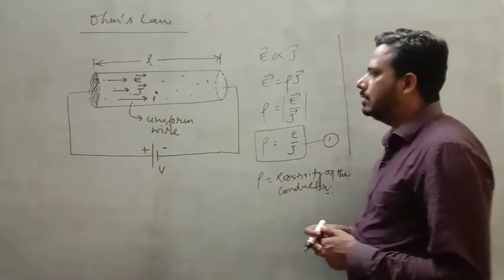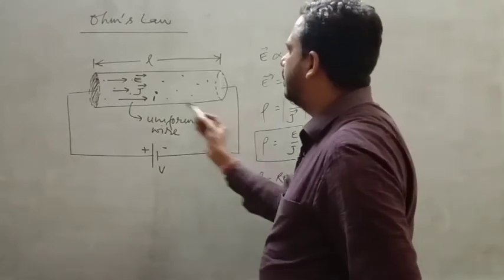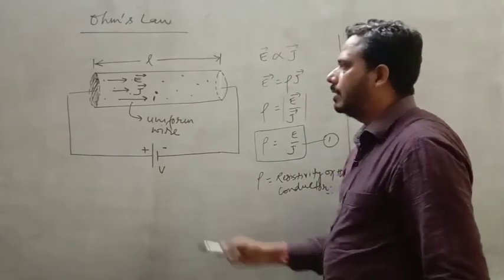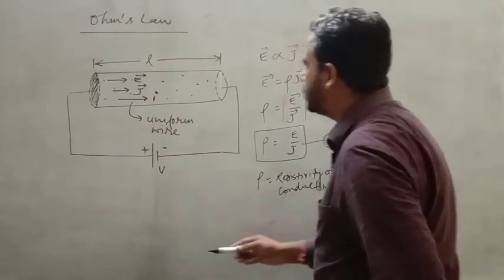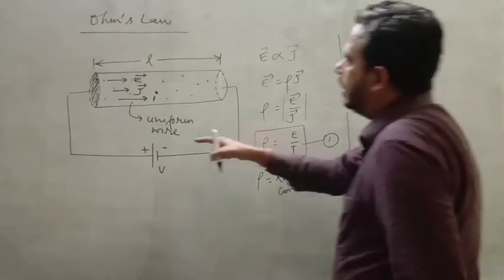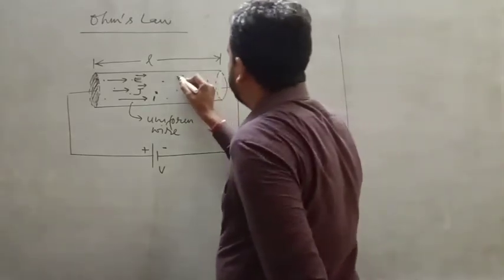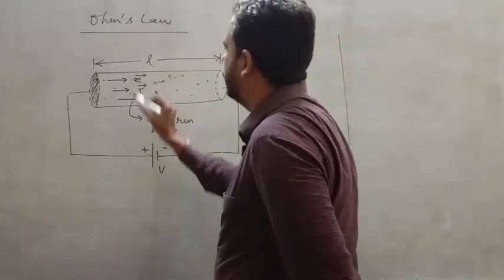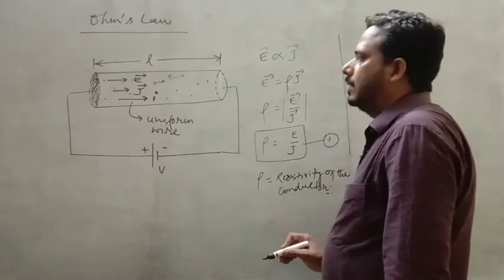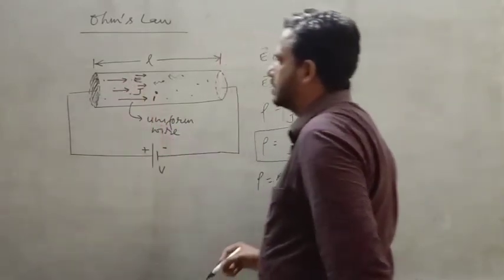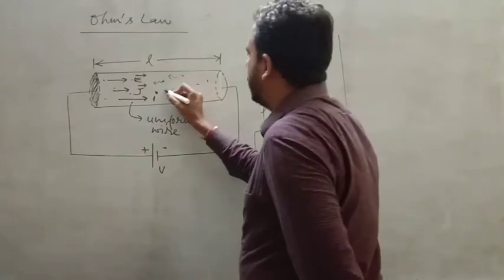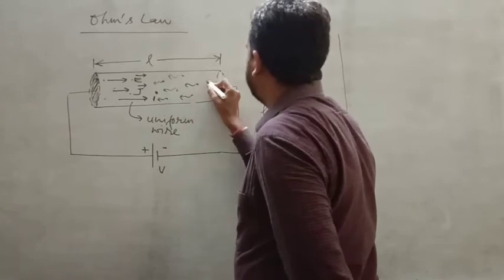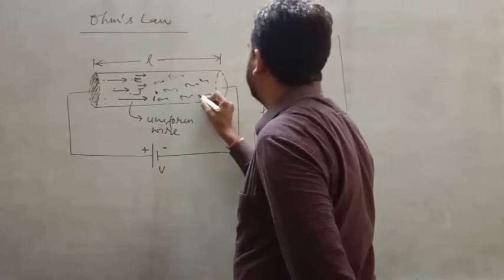And now one more relation is there, that the potential difference across the ends of the conductor is V. Why is it that your electron is flowing in this direction? It is only due to the presence of the electric field on this surface. Okay, so that's why your electrons are flowing like that. So here we have taken a conventional current.